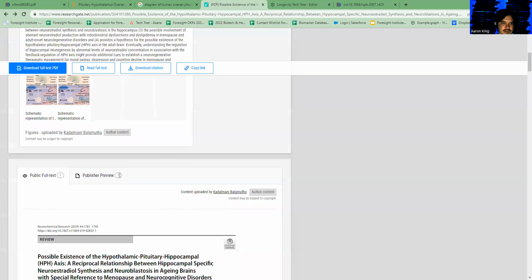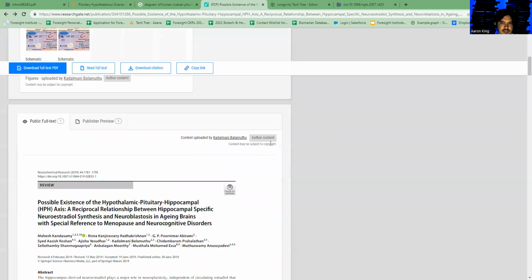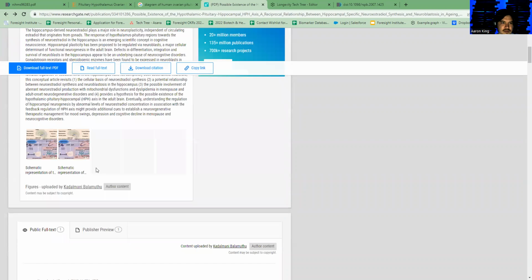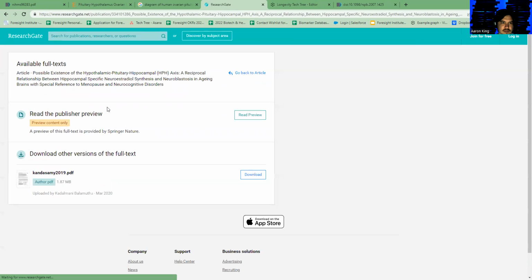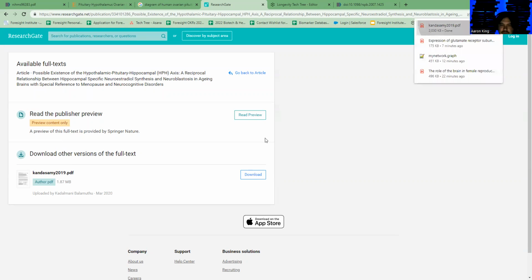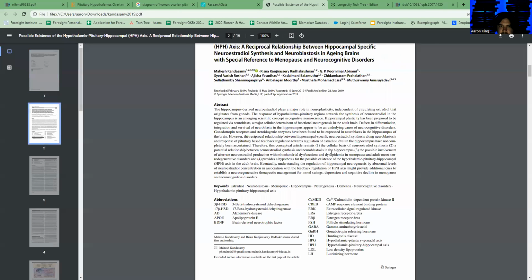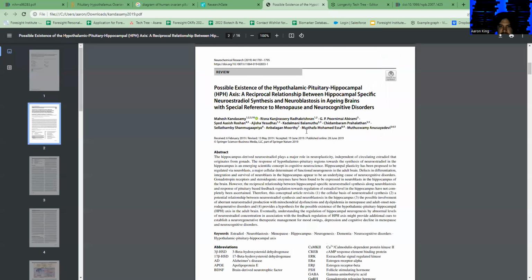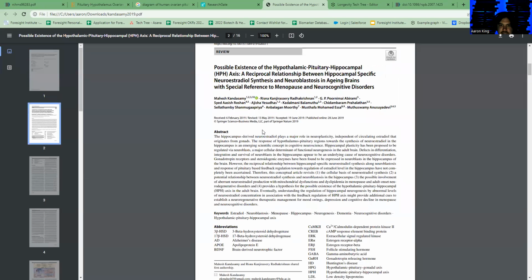Now we have to go find the full text. Oh, wait, public full text. Oh, here we go. So now we have hippocampus coming in as well.